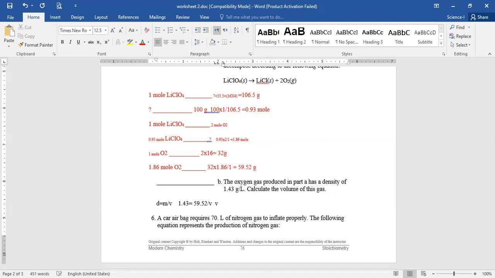So we could figure out that the volume V equals 59.52 divided by 1.43. Who can tell me?